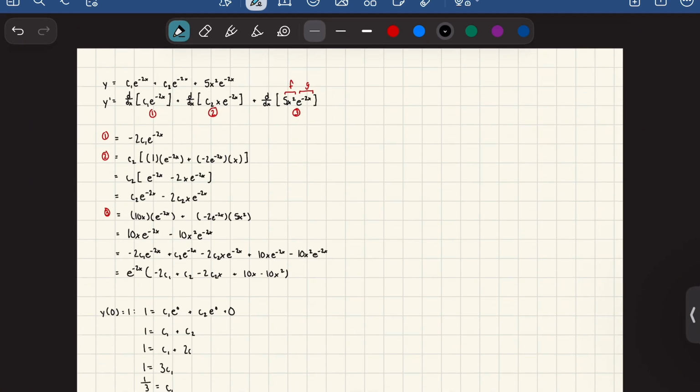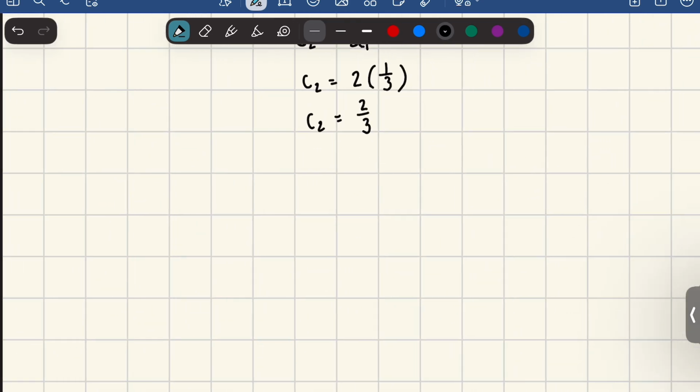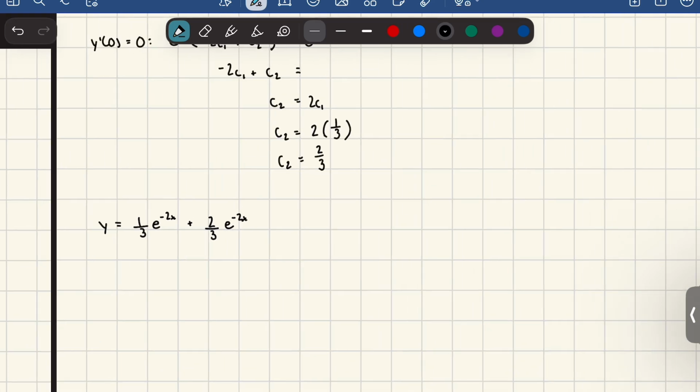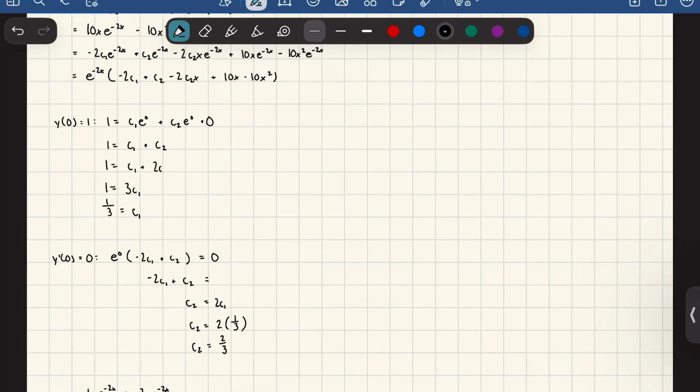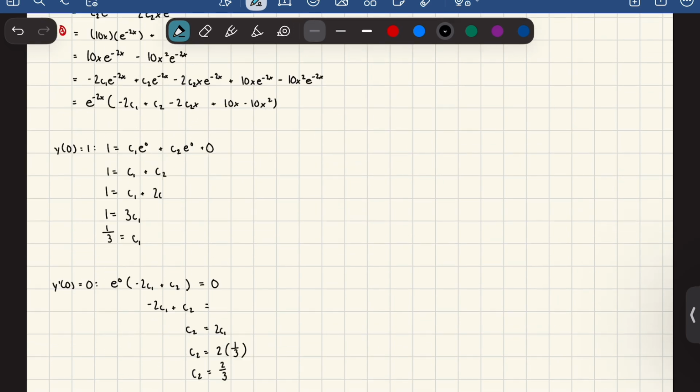Oh, where's my y? y equals c1 e to the negative 2x. y equals 1/3 e to the negative 2x, and this is going to be plus 2, 5x squared e to the negative 2x.